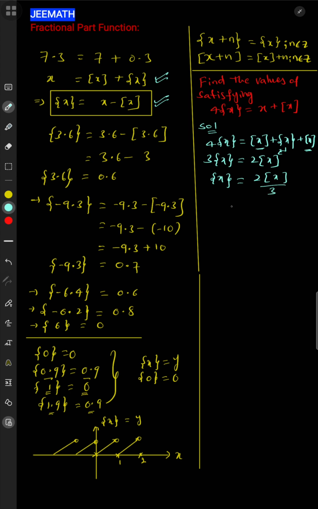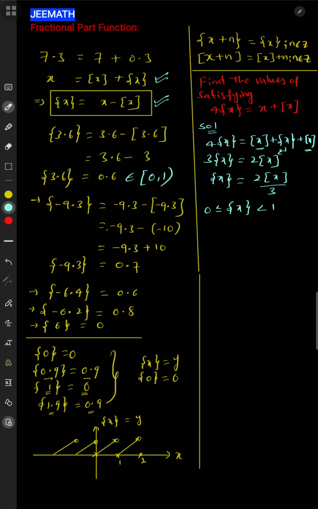So you know the fractional part of x will always be from 0 to 1 and can't be 1. So observe all examples. What is the fractional part of 3.6? You got 0.6. 0.6 belongs to 0 to 1 only, right?